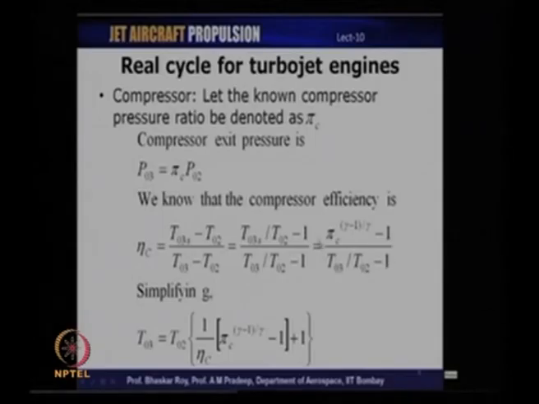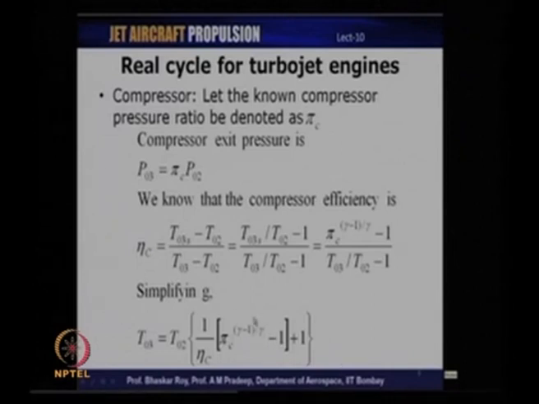If we simplify this, we will get an expression for the stagnation temperature in terms of the compressor pressure ratio and the efficiency. We get T03 is equal to T02 multiplied by 1 by eta c, which is the compressor efficiency, into pi c raised to gamma minus 1 by gamma, minus 1, plus 1.